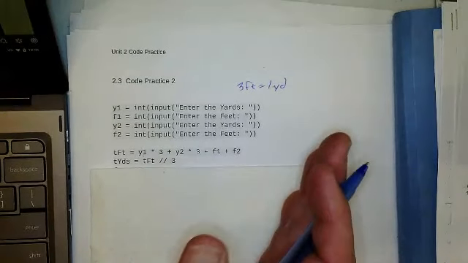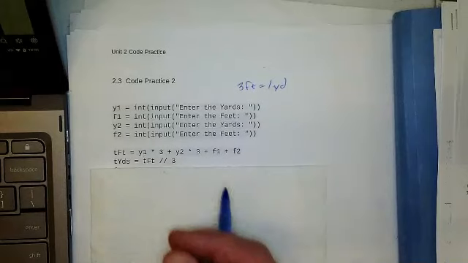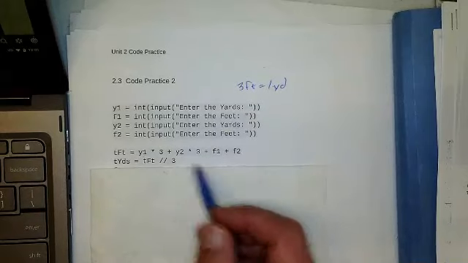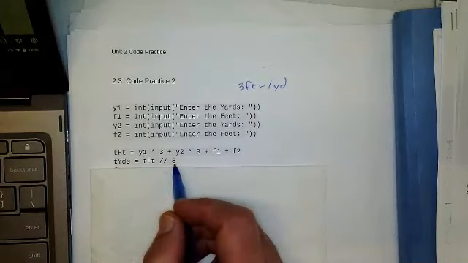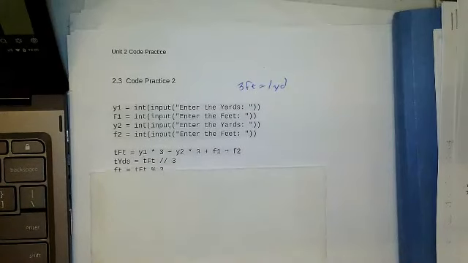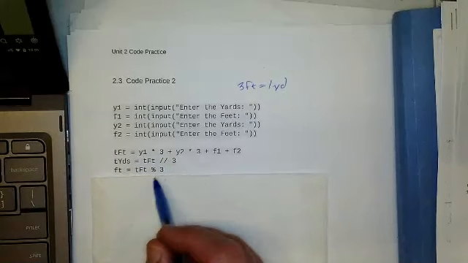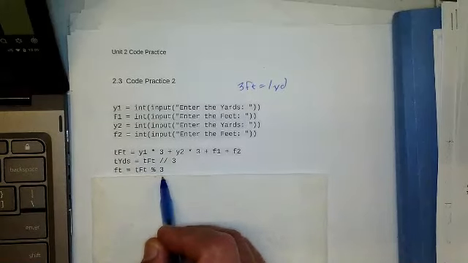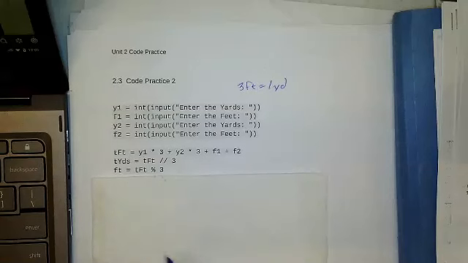One slash is simple division, which would give us a decimal, but two is for integers. We want a whole number answer. So 3 goes into our total feet, and that gives us total yards. Then I take that same total feet and modulo it by 3, because this gives me the remainder, and that will be how many leftover feet we have.